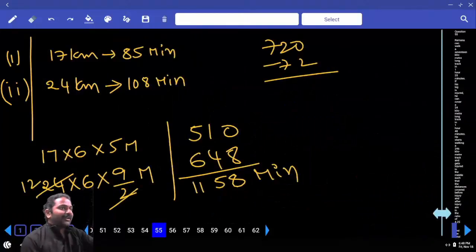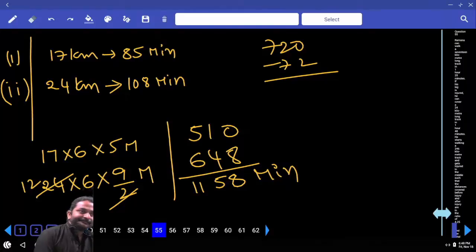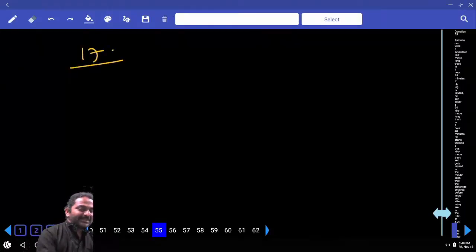Otherwise, you'll have to divide that number by 60. Otherwise, you need to calculate the speed in the first case and the speed in the second case. Understood? Speed in the first case, 17 kilometers covered in how much time? 85 minutes converted to hours. This is the speed in the first case.